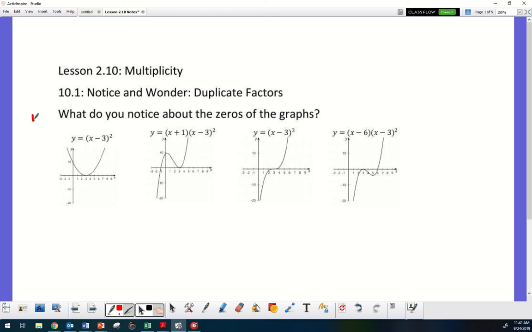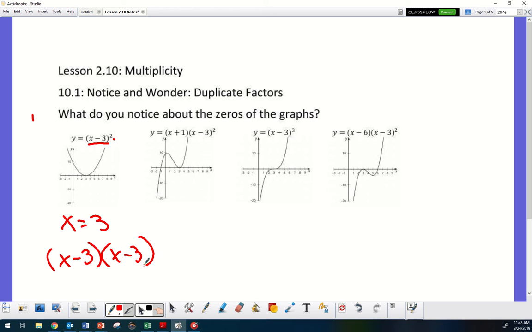Alright, so now what do we notice about each one of these? What did we call these things right here yesterday? Factors. So that factor is going to tell me where the 0 is. On this one, my x equals positive 3. But the square actually just means x minus 3 times x minus 3.